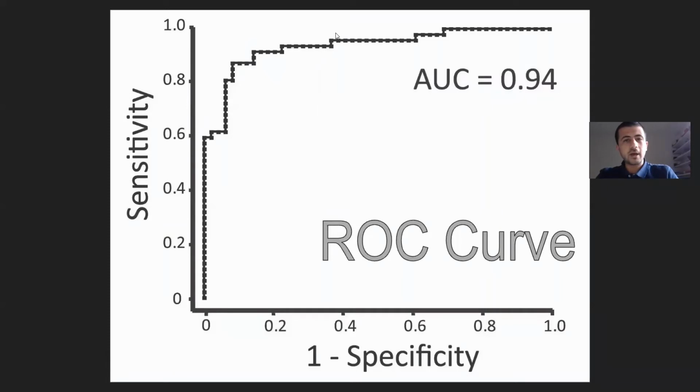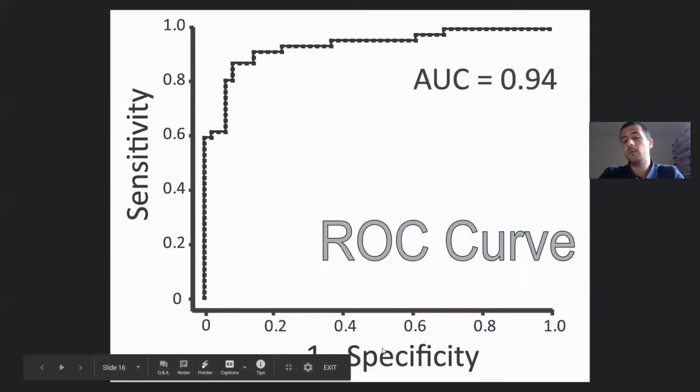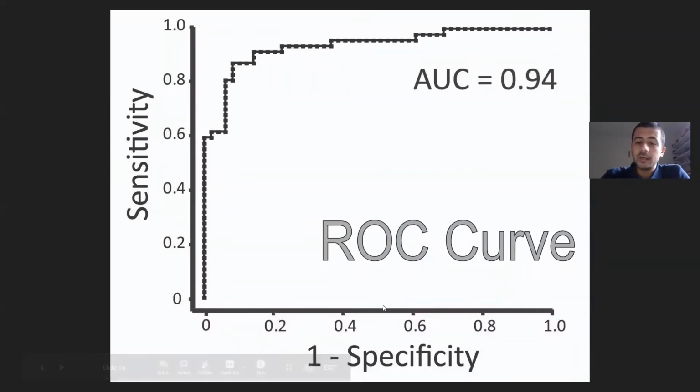When I care more about sensitivity, I take this point, although it is low in specificity, and when I care more about specificity, I take this point, although it is low in sensitivity.